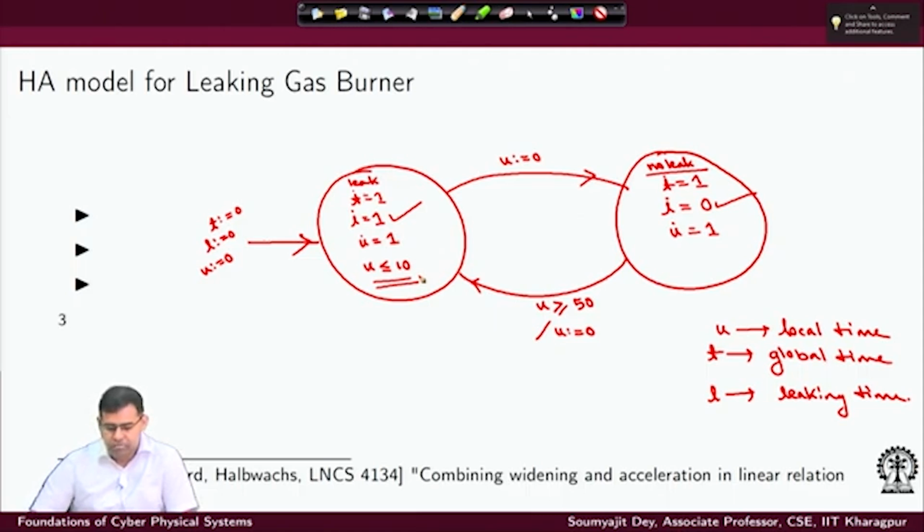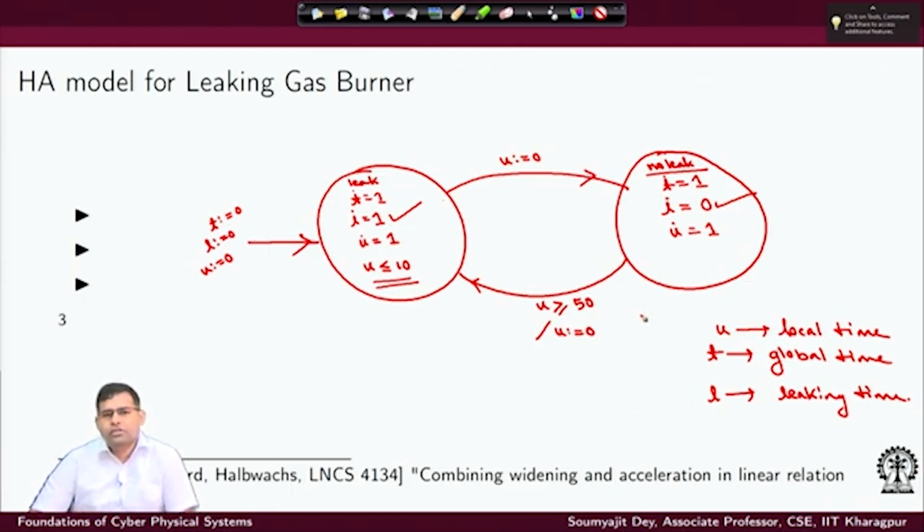Now, here I can only stay up to 10 seconds. After that, the invariant will be false. So, I cannot be in the leakage state after 10 seconds, the simulation will not proceed. I must take the jump. The invariant will push me out of the state, and since there is no guard to prevent me, I must make a jump and go to the no leak state.